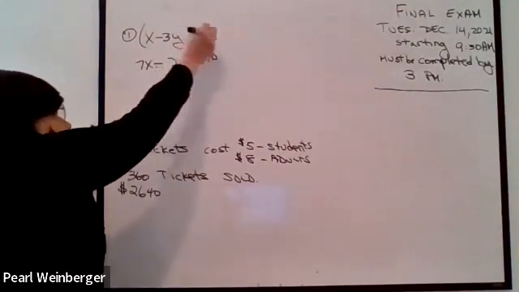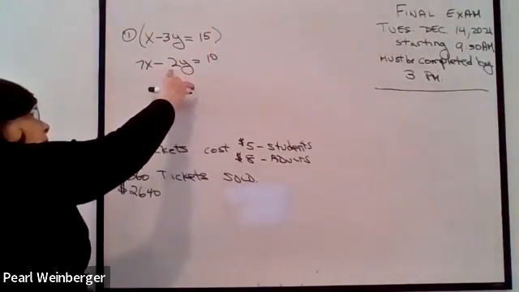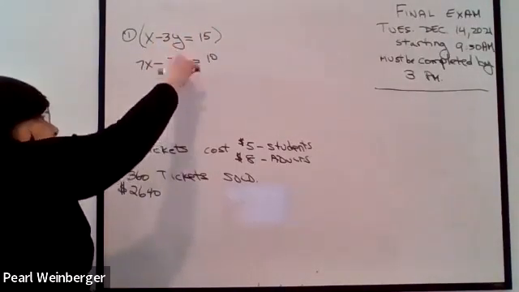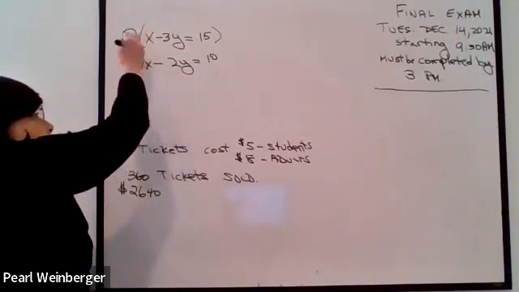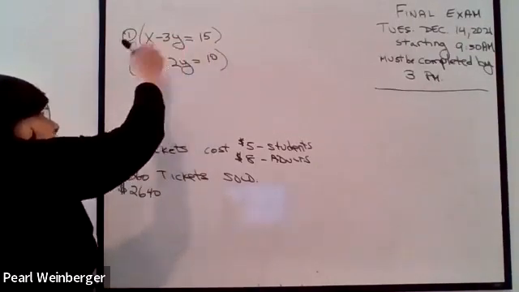Now, if you remember what you do, you multiply each equation by the opposite coefficient. We're looking at the y's, so the top equation, I'm going to multiply by 2, and the bottom equation, I'm going to multiply by 3.